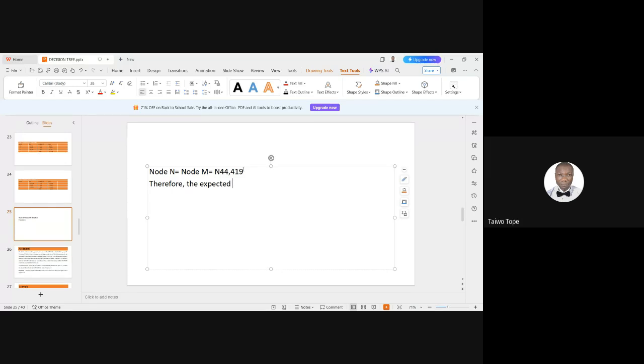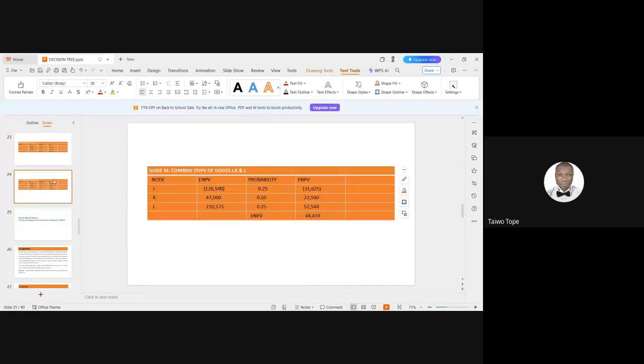That is therefore the expected net present value of the project: 44,419. This is what the question wants you to do. This is the expected NPV, ENPV.